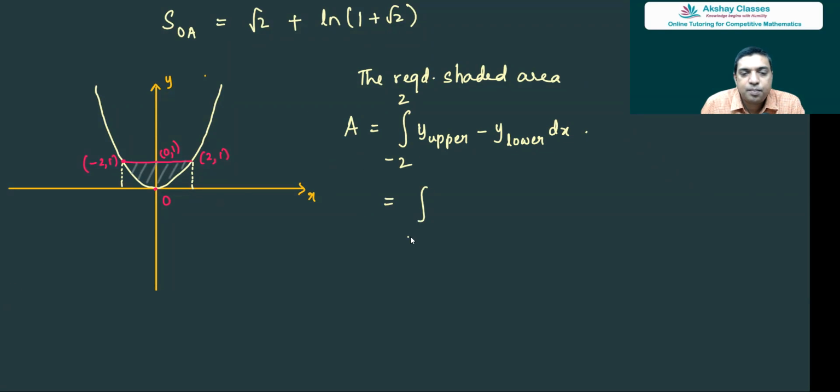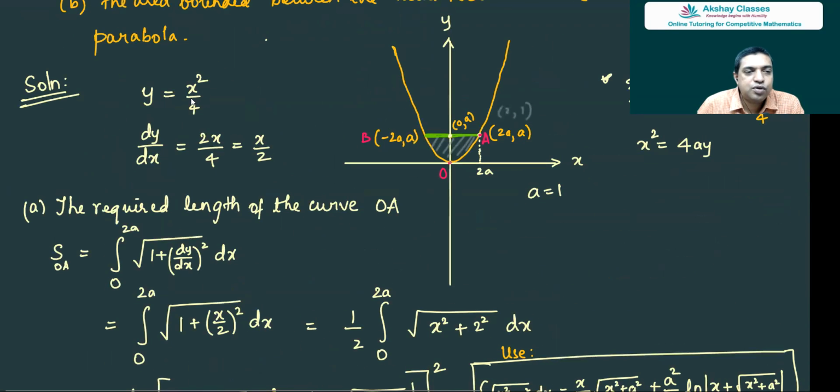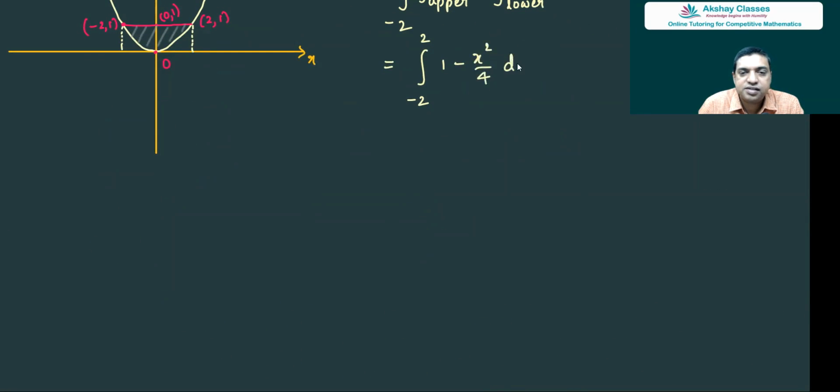So I get minus 2 to 2, y upper is a constant 1, minus y lower. x square equal to 4y, so y is x square upon 4. So minus x square upon 4 dx.